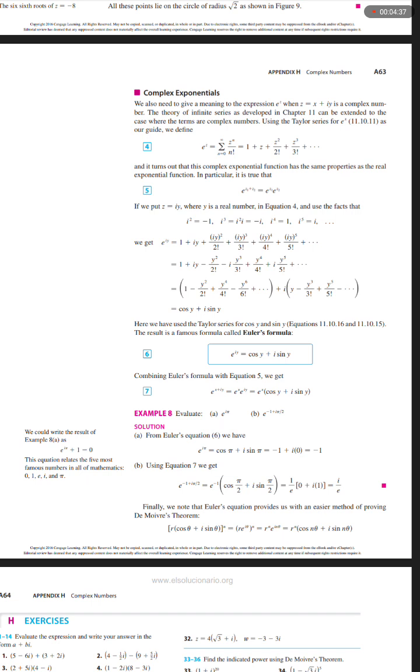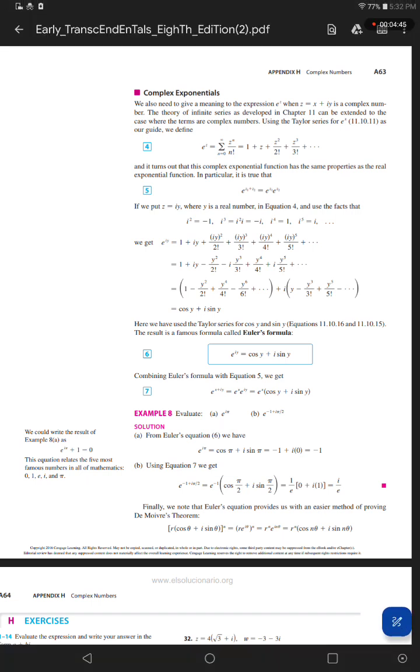Combining Euler's formula with equation 5, we get equation 7, e to the power x plus iy equals e to the power x times e to the power iy equals e to the power x (cosine y plus i sine y).